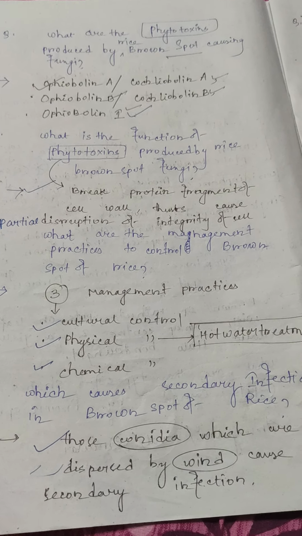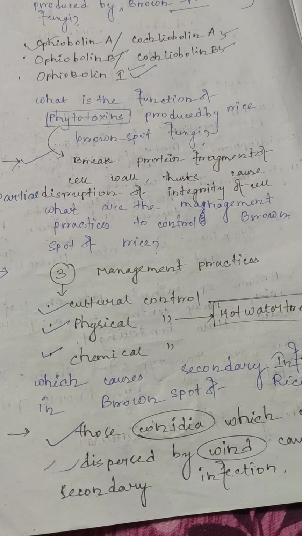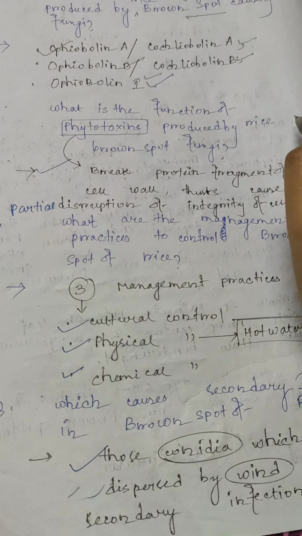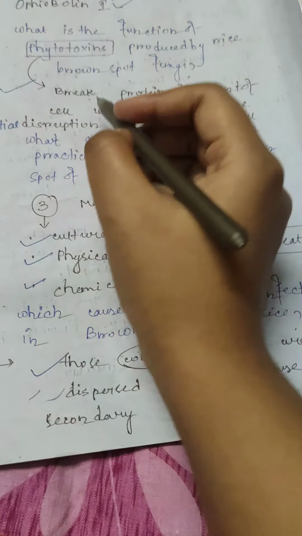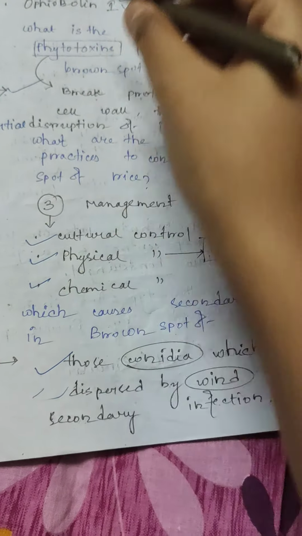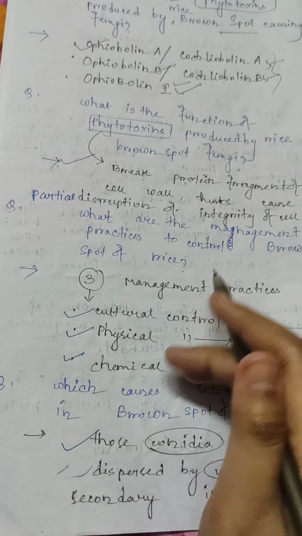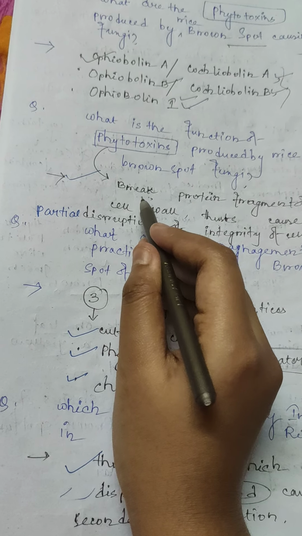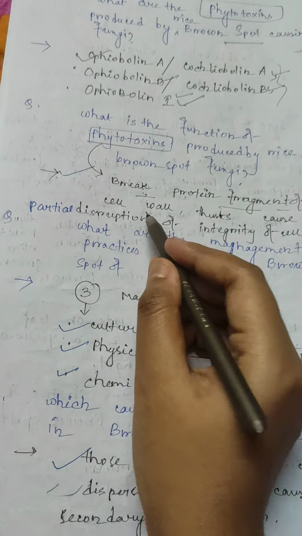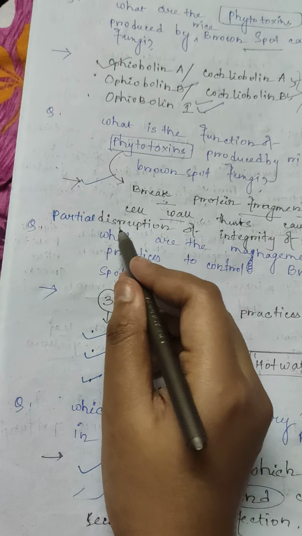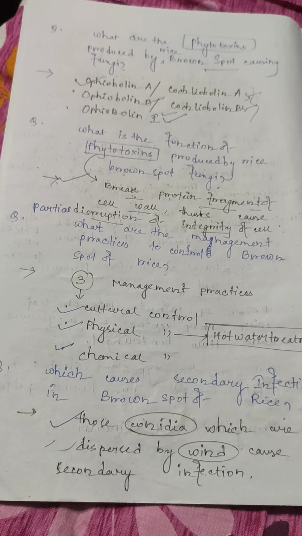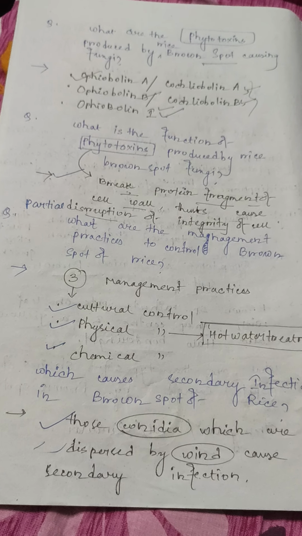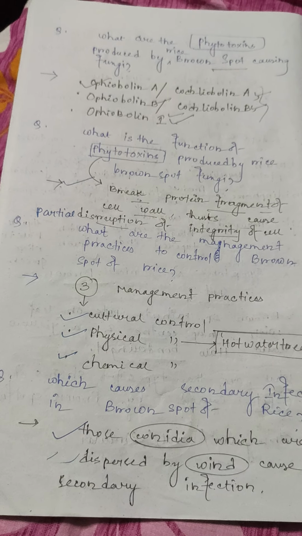And third is ophiobolin I. What is the function of these phytotoxins? They break protein fragments of the cell wall, thus causing partial disruption of the integrity of the cell.